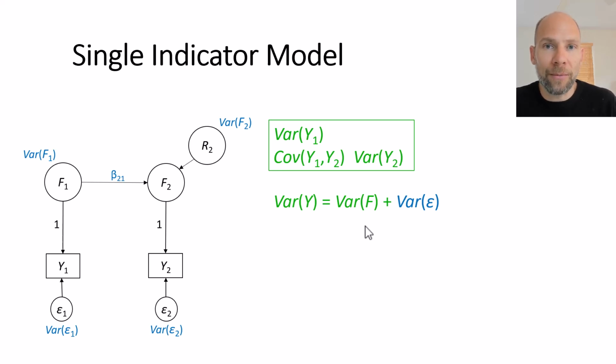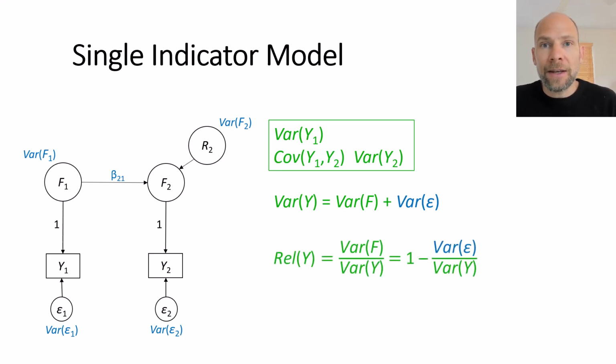For that, we can make use of another equation or another law from classical test theory, and that is that the reliability of an observed variable is equal to the variance of the true score variable divided by total variance, and that's equal to 1 minus the error variance component divided by total observed variance.